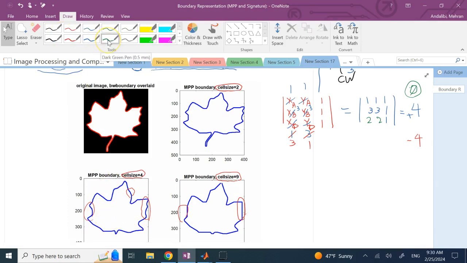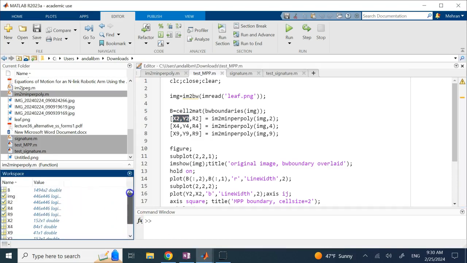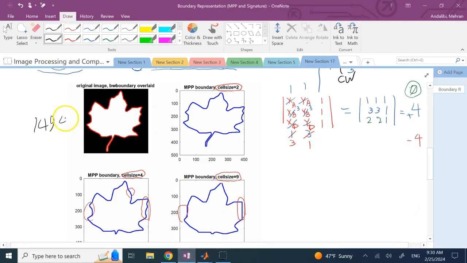So imagine comparing 1494 against 84 vertices, right? Imagine how much reduction in memory and computation it is to keep track of this or describe this versus to describe that.